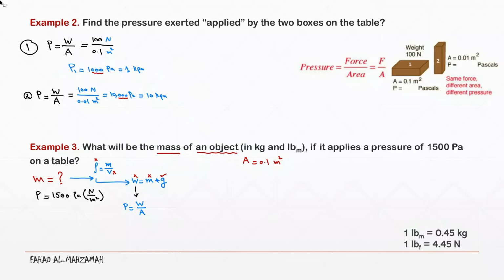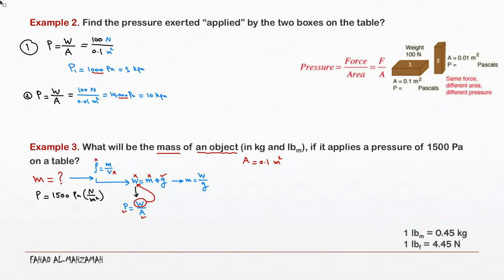Now in this case we have the area and we have the pressure. So we can solve for the weight, and after we solve for the weight, we can substitute it in this equation and find the mass as weight over G. Now let's try to solve it.